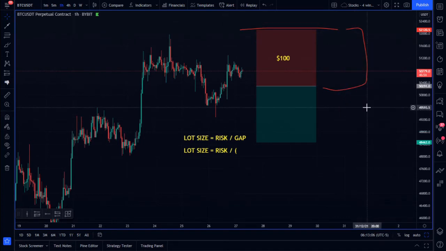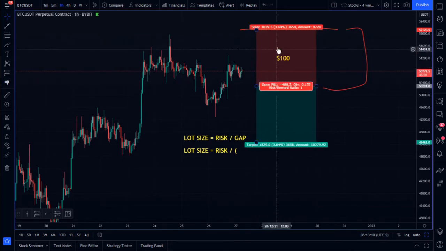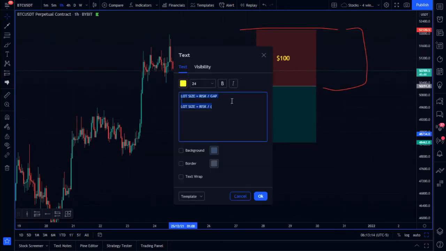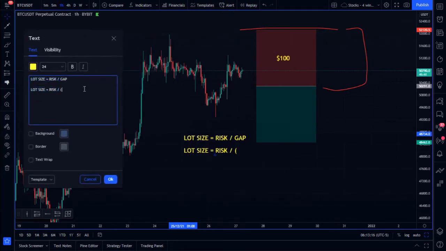But now, get rid of that. This is the gap. Now it's actually the stop minus the entry. So that's the difference. So it's stop price minus entry price. Yep. And we do that because we don't want to get a negative number. We don't want to be divided by a negative.